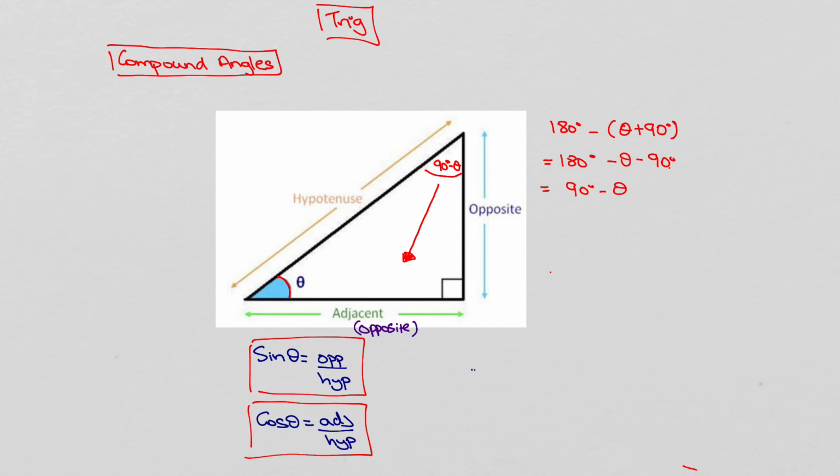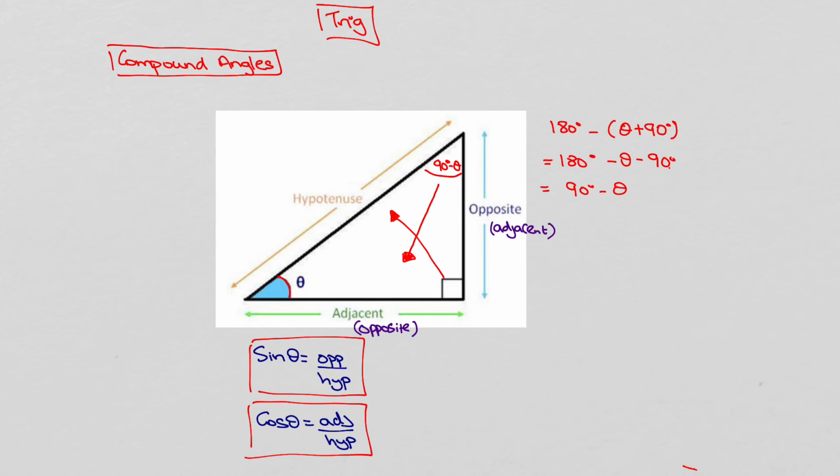The 90 degrees is still opposite the hypotenuse, so the hypotenuse hasn't changed. But the remaining side must now be called the adjacent. In other words, what was the adjacent is now the opposite, and what was the opposite is now the adjacent.